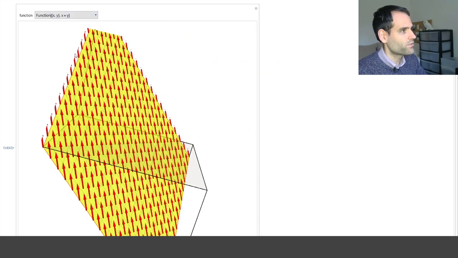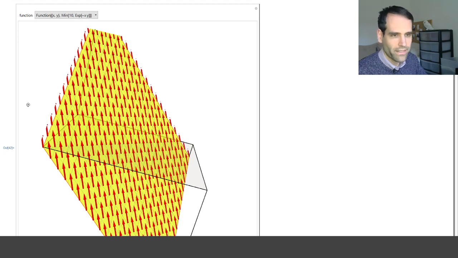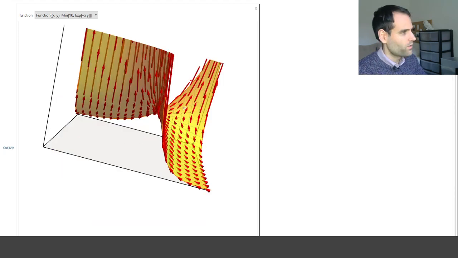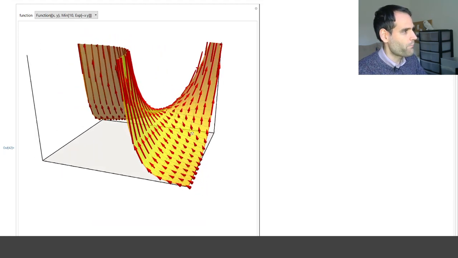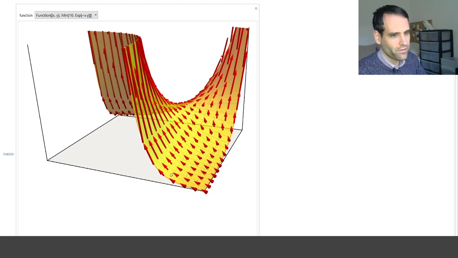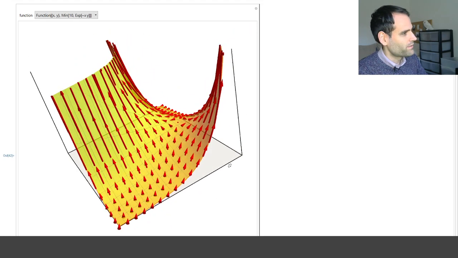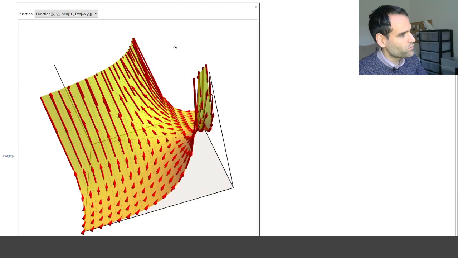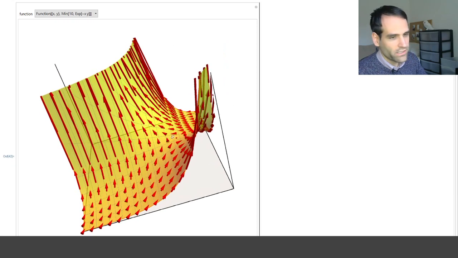So if I change the function to the exponential of minus x times y, you get this absolutely amazing shape, which is equal to 1 at the origin. So this is the origin of x and z, and then it grows greatly in this direction and also in the other direction.